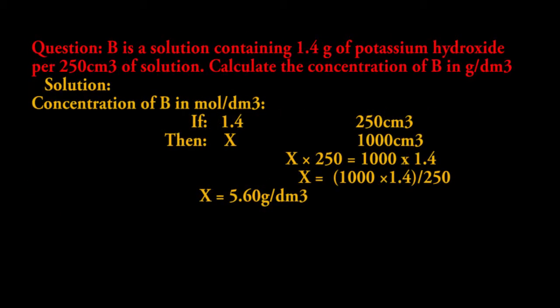Question: B is a solution containing 1.4 gram of potassium hydroxide per 250 centimeter cube of solution. Calculate the concentration of B in gram per dm cube.